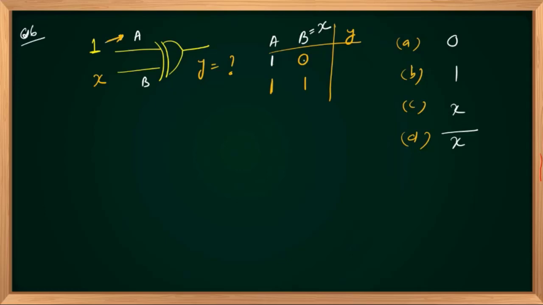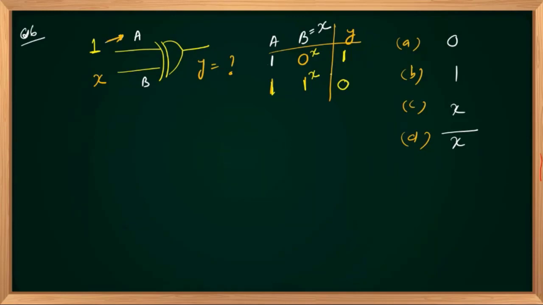If inputs are different, 1 and 0, I am expecting a 1. Inputs are different, output will be 1. Right. A equal to 1, if X equal to 0, then I'm getting Y equal to 1. If X equal to 1, it will become 1, 1. Same inputs, the property of XOR is that output will be 0 if inputs are same. Right. 0.